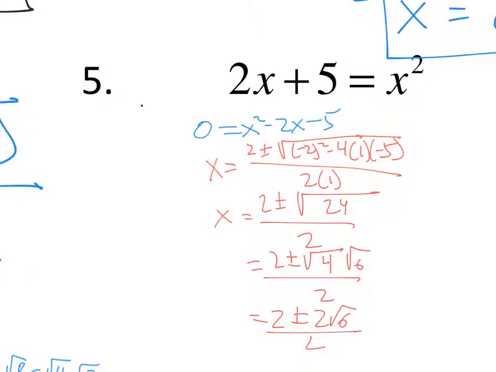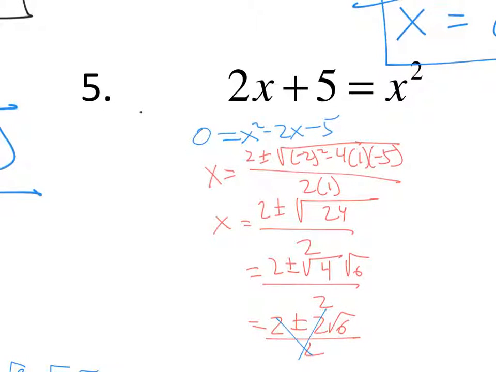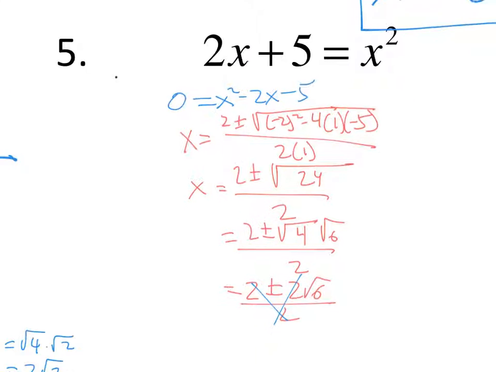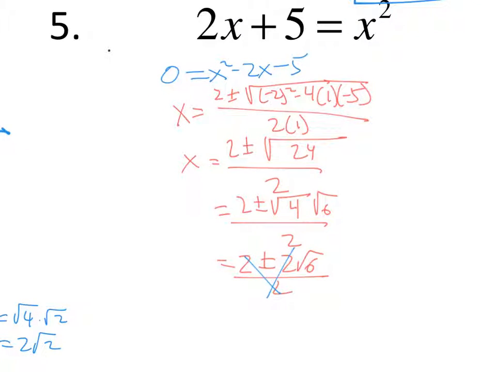And this 2 cancels both ways. 2 goes into all 3 of these and divides each of them, and that gives us 1. 2 divided by 2 is 1, and 2 root 6 divided by 2 is root 6.